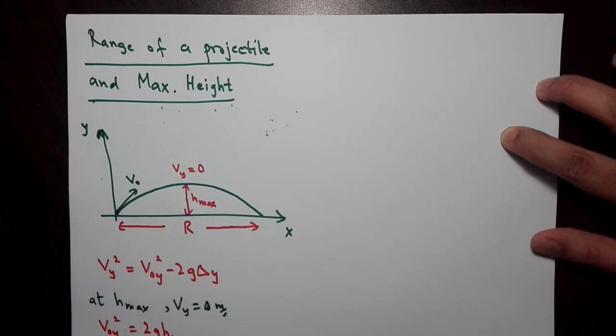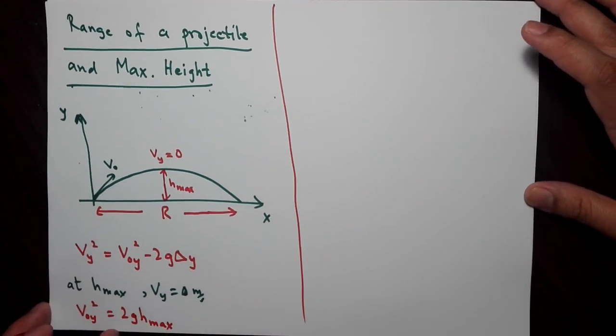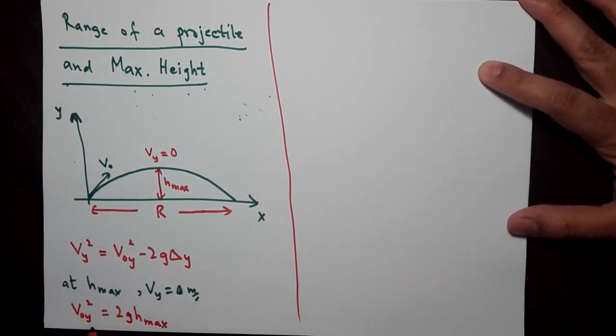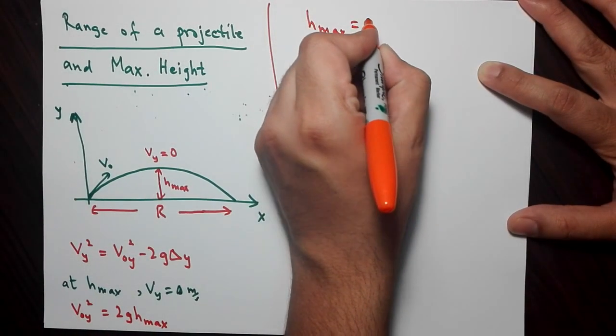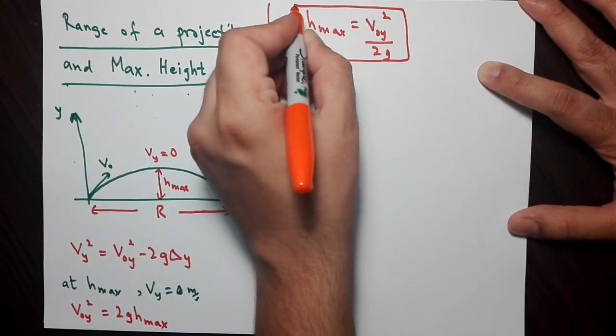So you get v0 y squared equals 2g h max, and h max is therefore v0 y squared over 2g. So that's your maximum height.